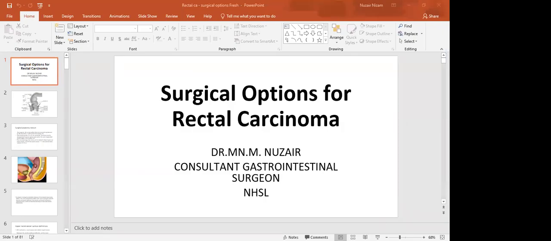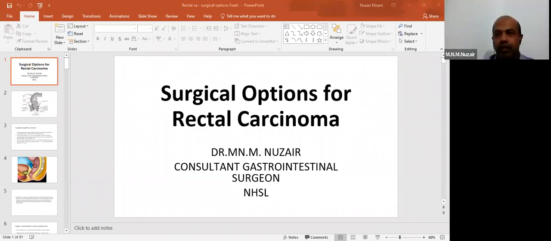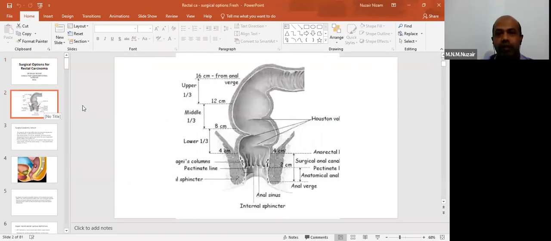So this is about the surgical options for rectal carcinoma. Before starting, we must know the anatomy of the rectum. Usually, the rectum is around 16 centimeter. It might vary according to the sex and the height of the patient.